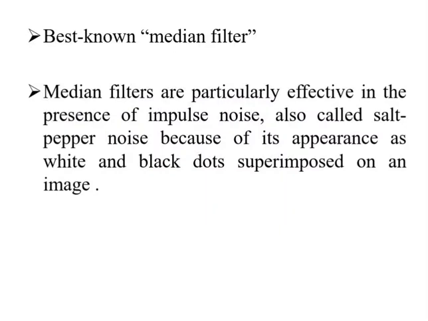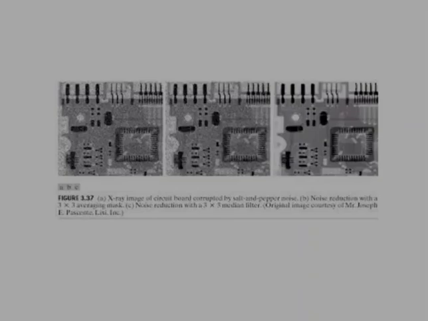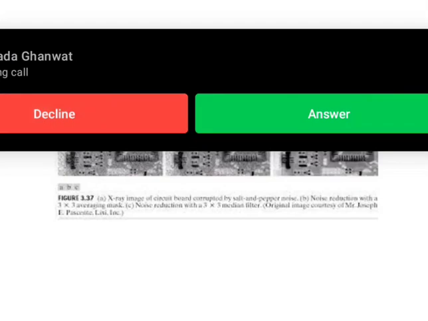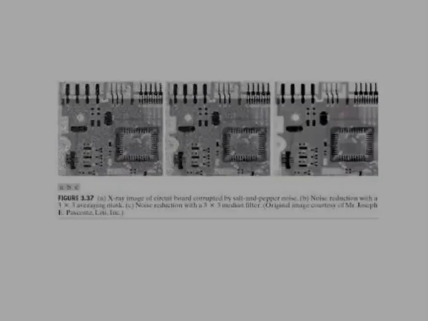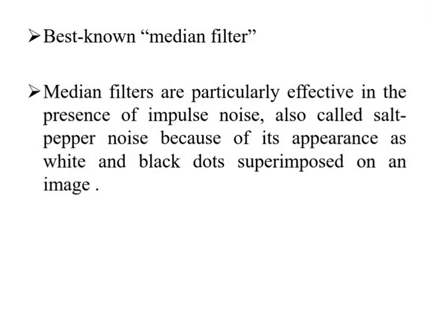Although the median filter is by far the most useful order-statistic filter in image processing, it is by no means the only one. The median represents the 50th percentile of a ranked set of numbers, but recall from basic statistics that ranking lends itself to many other possibilities. For example, using the 100th percentile results in the so-called max filter, which is useful for finding the brightest points in an image.